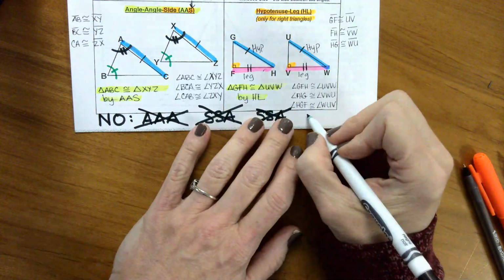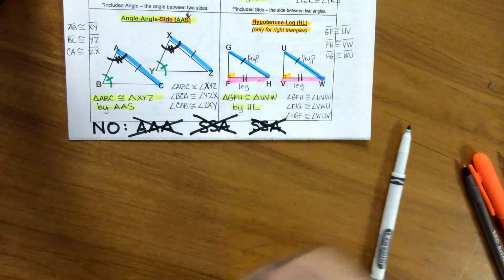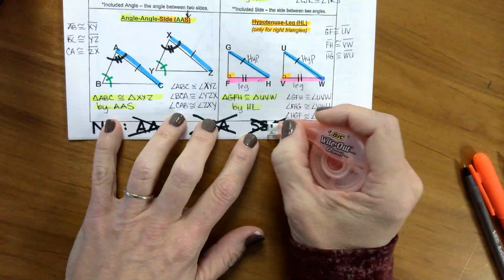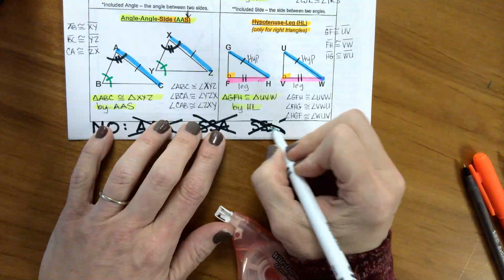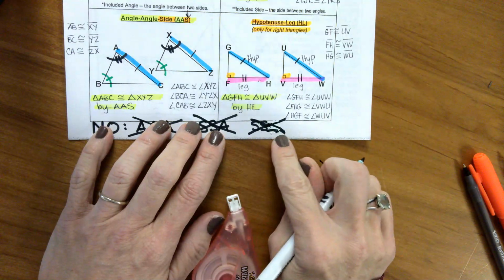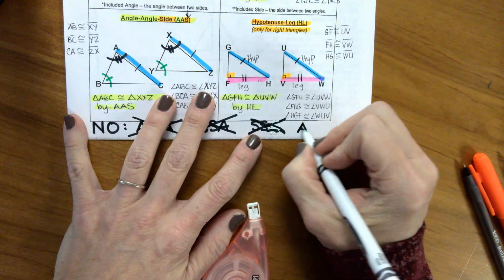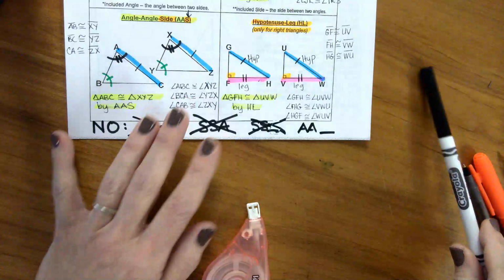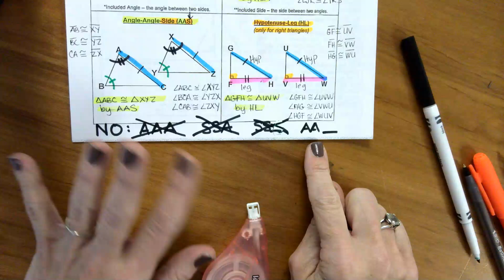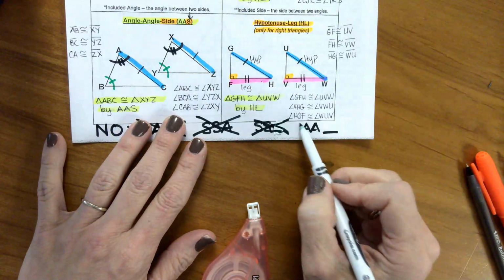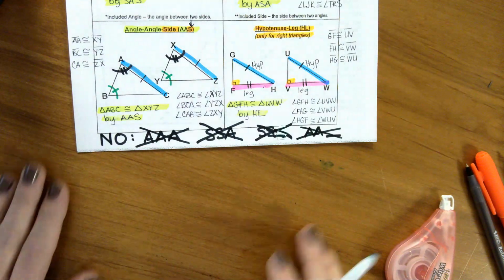If you just know two sides but you don't know anything else, you can't use it. If you know two angles and nothing else, this one actually will come around later on, but for right now, you're not going to use that either. Okay, so those are the only 5 you can use.